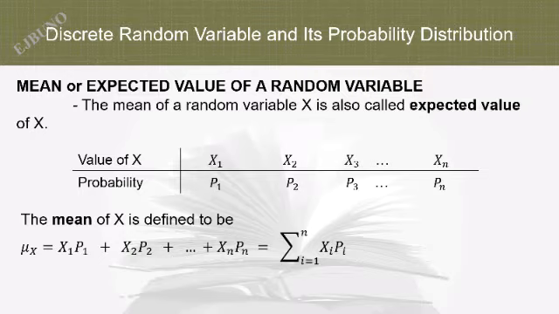The mean of x is defined to be the product of x sub 1 and p sub 1 plus the product of x sub 2 and p sub 2 until the product of x sub n and p sub n. Or we can just say the summation of the product x sub i and p sub i with i = 1 as the lower limit and n as the upper limit.